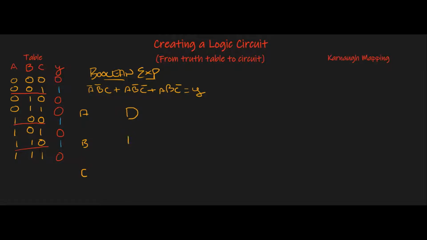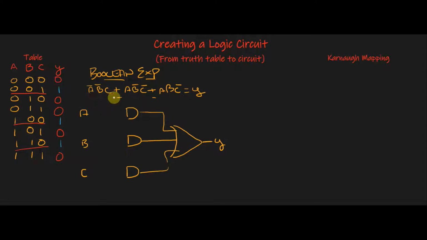So there's one AND, there's another AND, and there's the third AND. And those will be ORed all together. Kind of a sorry looking OR gate. And that's my Y. This is where I would hook up my LED and have it turn on.